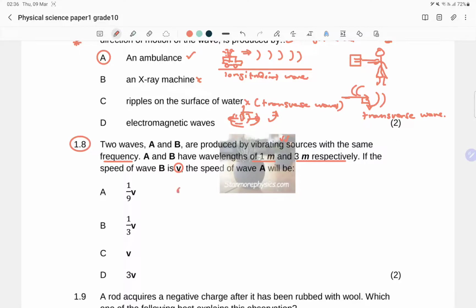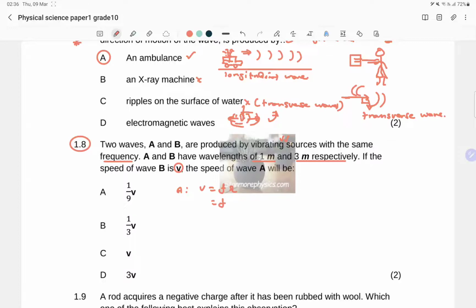So let's talk about wave A. Wave A, we know that the speed of that wave is going to be frequency multiplied by wavelength. Right. And then basically they have the same frequency but different wavelengths.